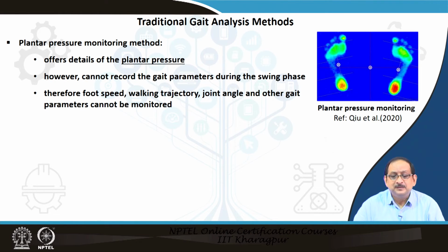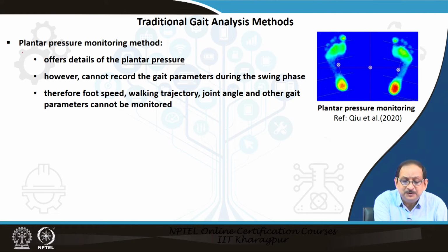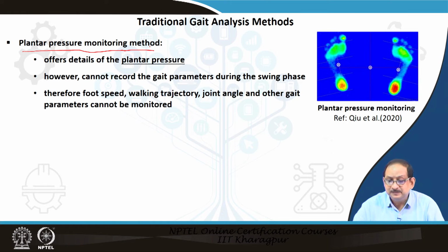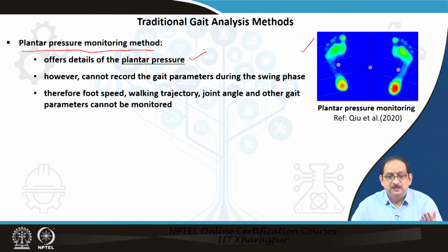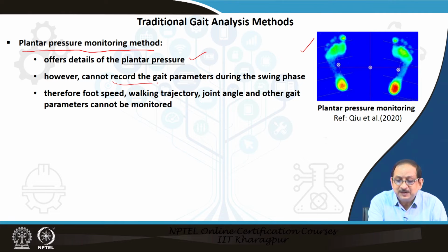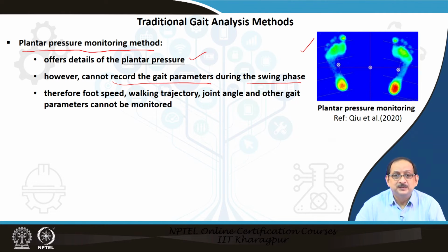The other type of traditional method is the plantar pressure monitoring method. You can see the figure on the right, which is giving us the plantar pressure distribution. So, it offers details about the plantar pressure, basically foot pressure measurement. However, it cannot record the gait parameters during the swing phase.